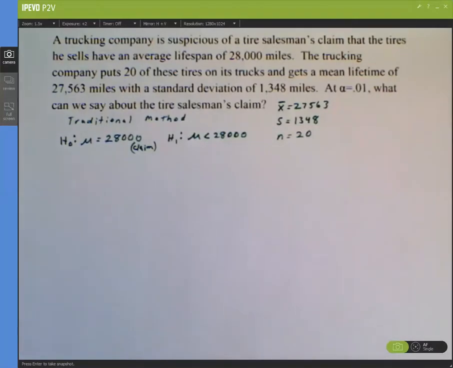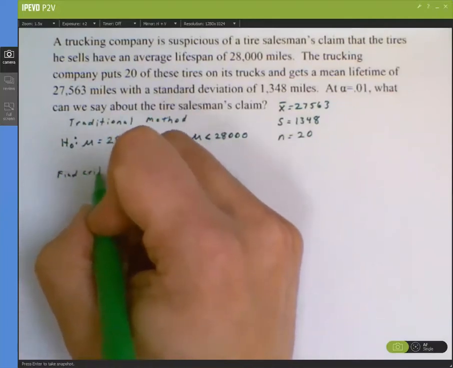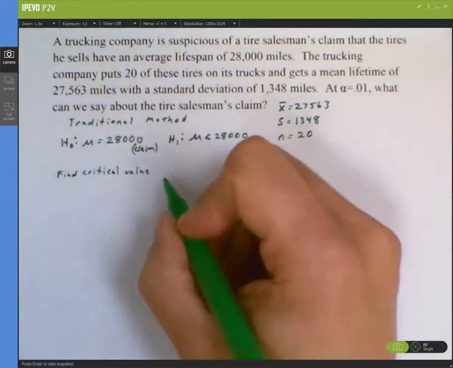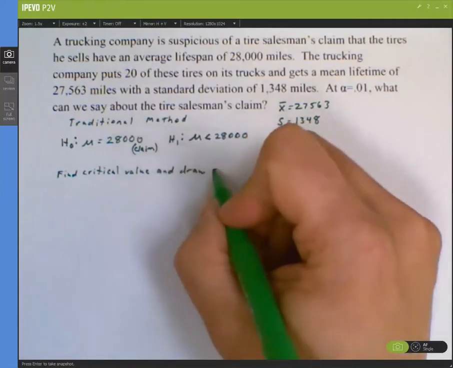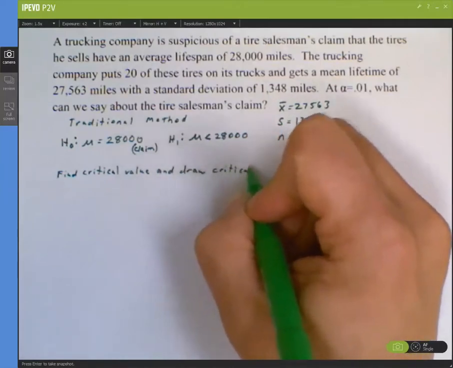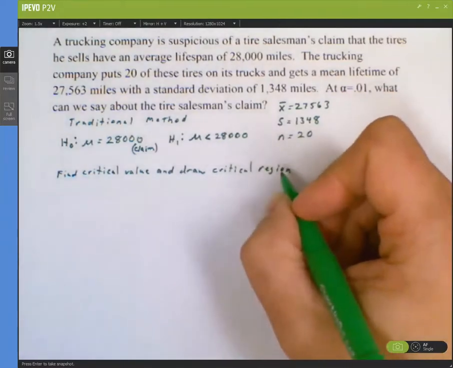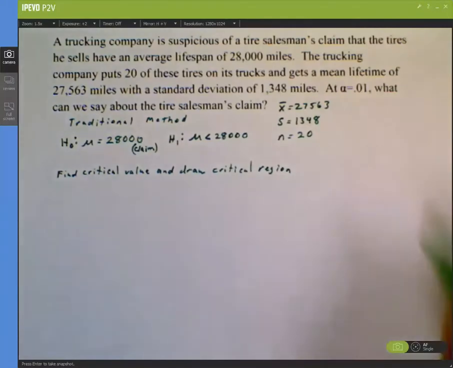Okay, so with our traditional method, we have our hypotheses. Now we need to find the critical value and draw the critical region. Okay, so to find our critical value, first we're going to have to know, is this a z-test or a t-test?